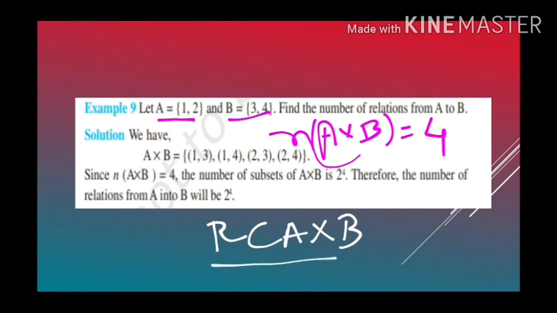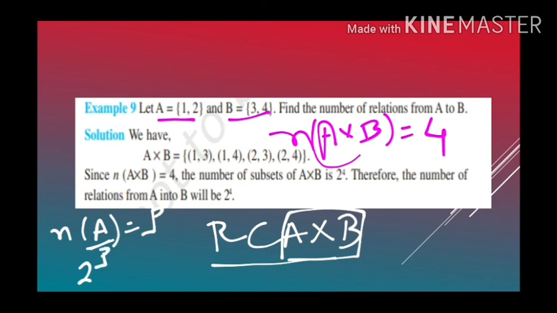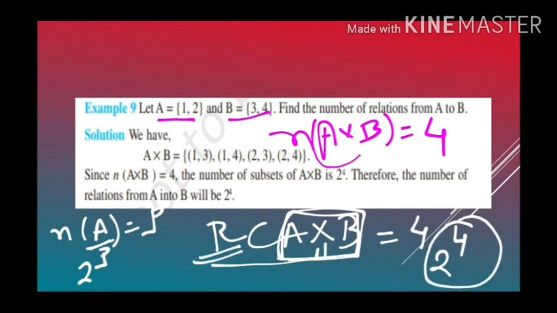Now how many subsets can you form of this Cartesian product A cross B? You know the formula: if a set contains P elements, the total number of subsets will be 2 to the power P. Now the A cross B set contains 4 elements, so the total number of subsets you can form of A cross B will be 2 to the power 4, and any of these subsets can be the relation set.